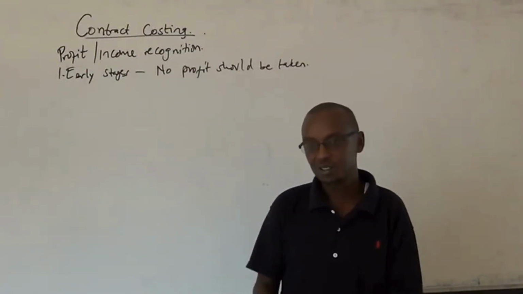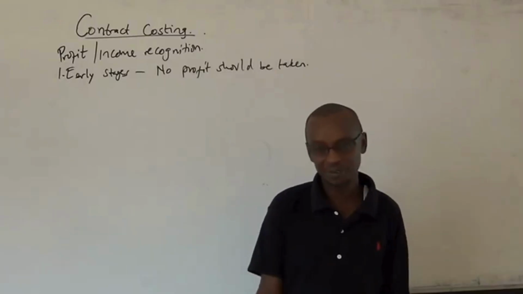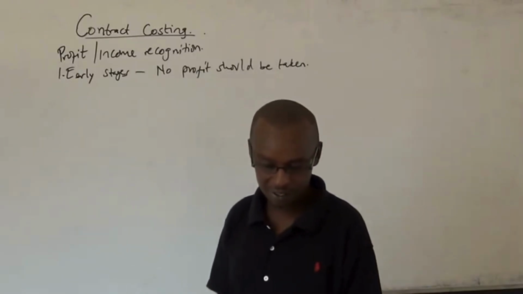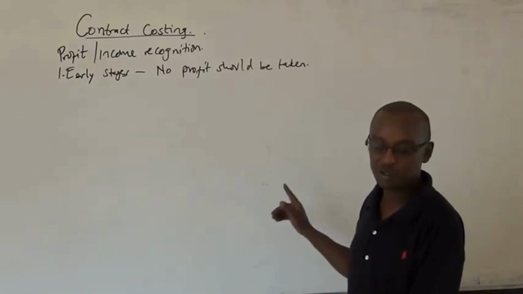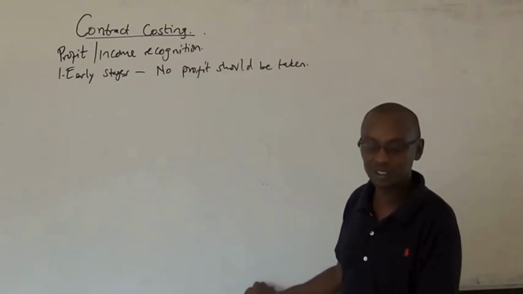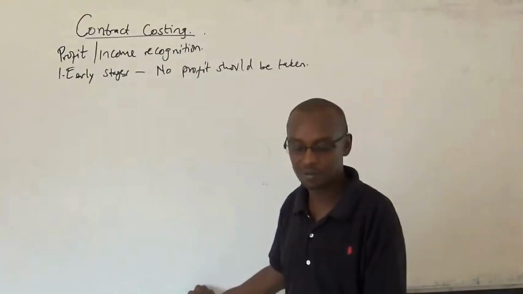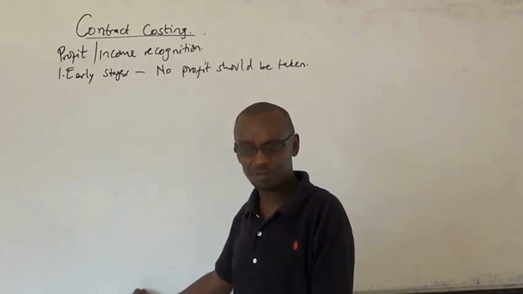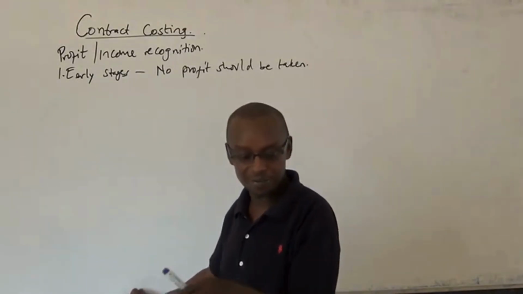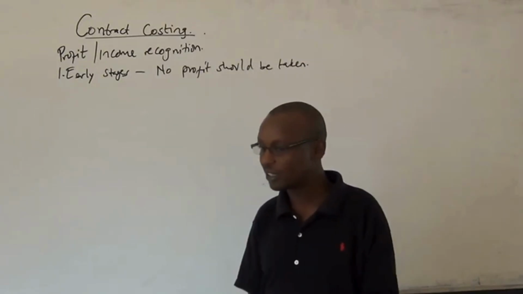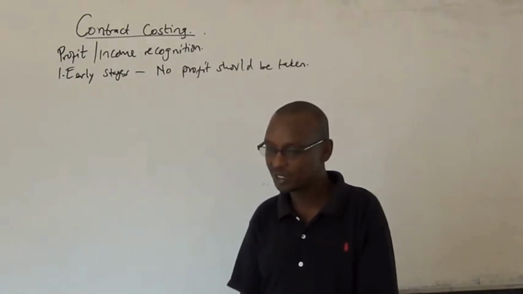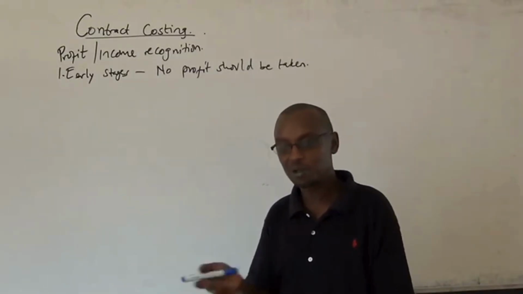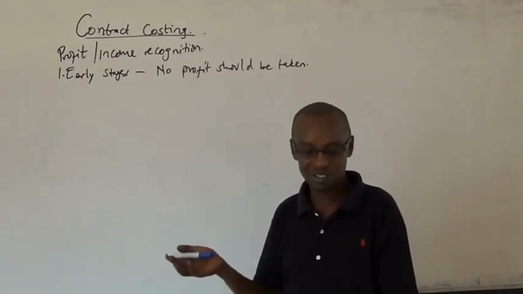So, in the early stages, you don't take any profits, until the outcome can be measured with reasonable certainty. So, during the first stages of a long contract, hata hakuna kazi inaonekana, isn't it? Unaona tu matinga, hakuna kitu zinafanya, na maroli zikibeba mchanga zikirudi, isn't it?